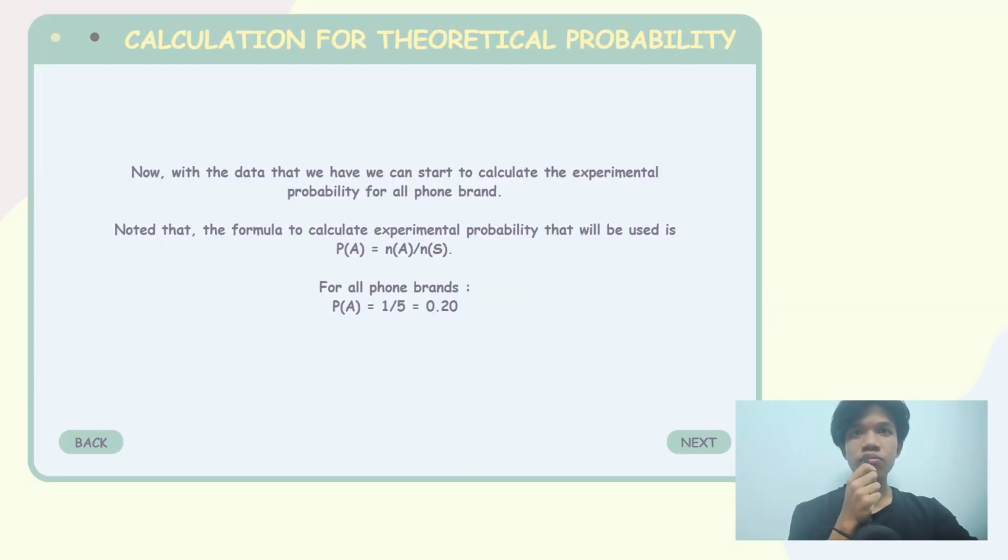To obtain the probability of the student choosing a phone brand, the frequency of outcome, which is 1, will be divided by the total sample space, which is 5. Hence, the theoretical probability for each phone brand is 1 over 5, equal to 0.2.